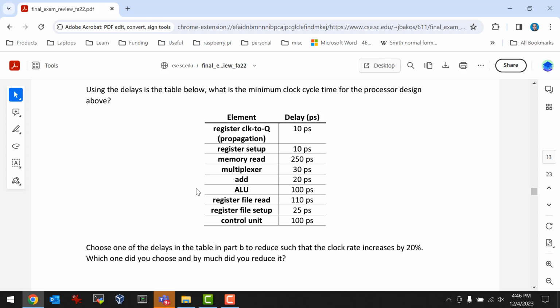I just made these numbers up, by the way, but they're probably reasonable. Actually, they're probably not reasonable, because 305 picoseconds would be like 3 gigahertz. I don't think the FPGA is going to run that fast.